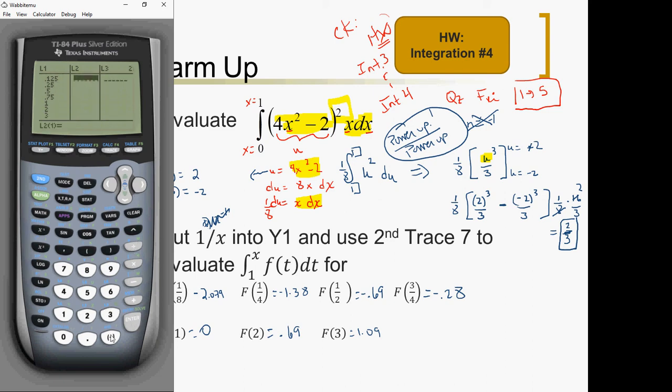And I'm going to enter the approximations of the integral that we got. Notice I broke some AP rules here, and I didn't use 3 places past the decimal.